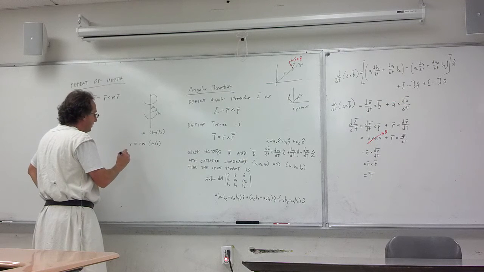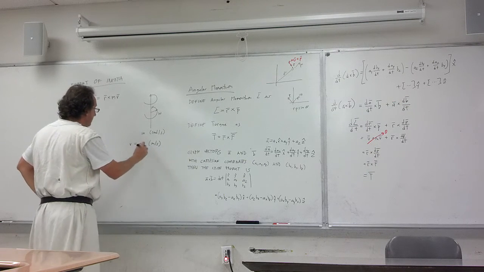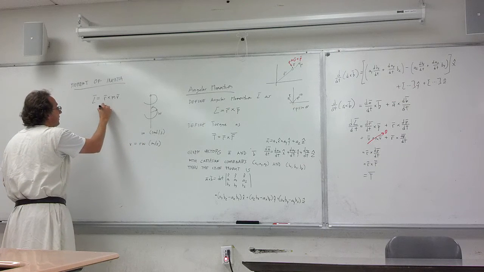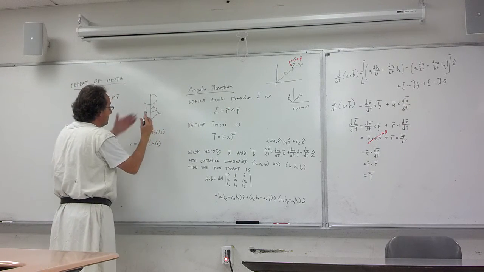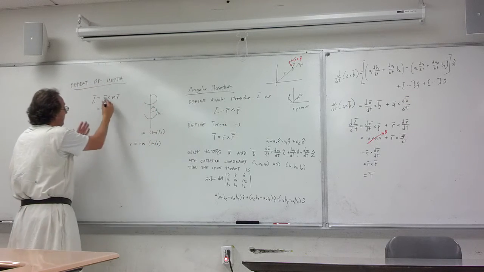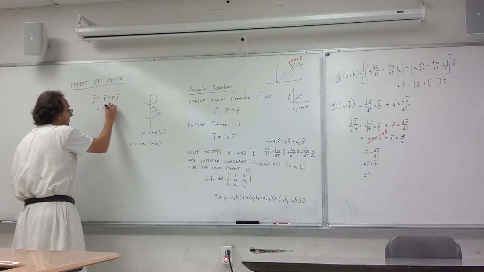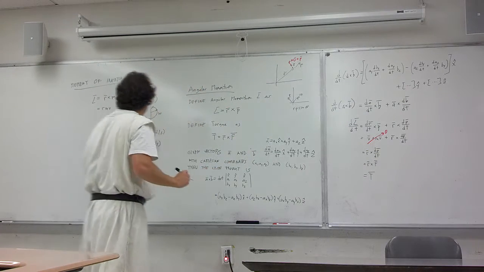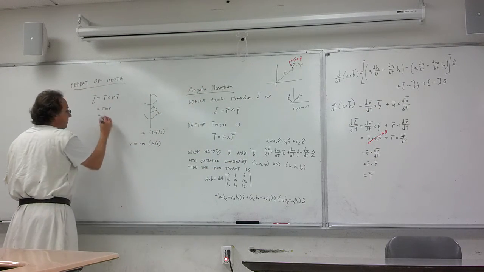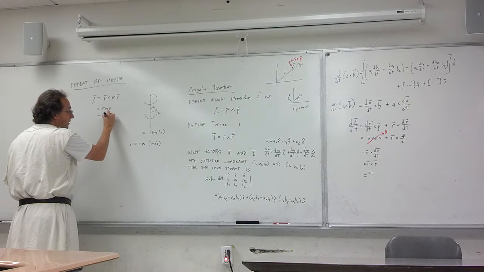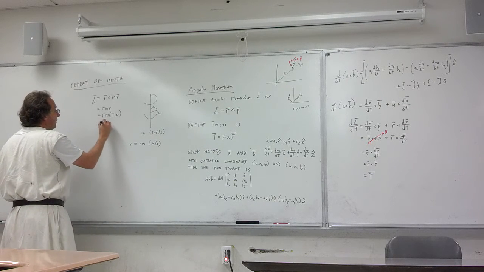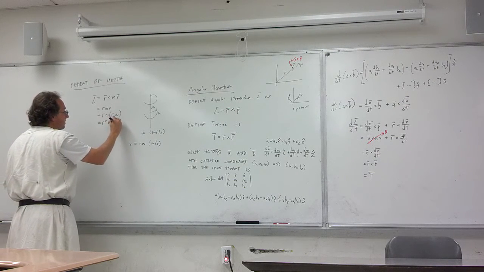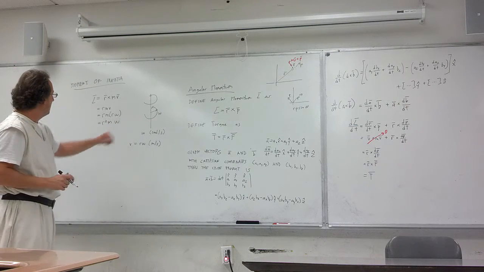So let's write this out as r times m times r omega, because we're rotating around, which gives r squared times mass times angular velocity.